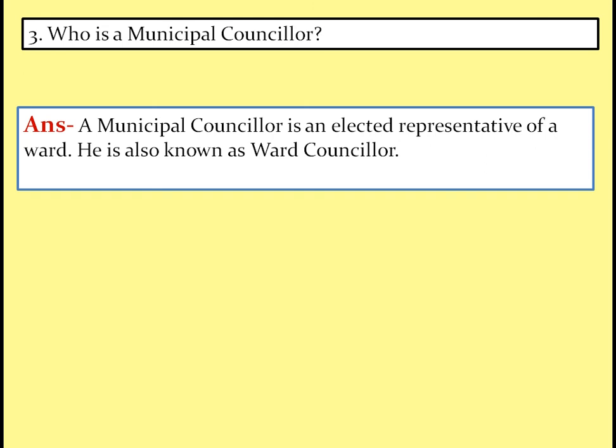So the municipal councillor is the elected representative of the ward, also called the ward councillor. So don't be confused if it is asked who is a ward councillor. You can write the same answer, or you can write about a municipal councillor. Both will be correct.